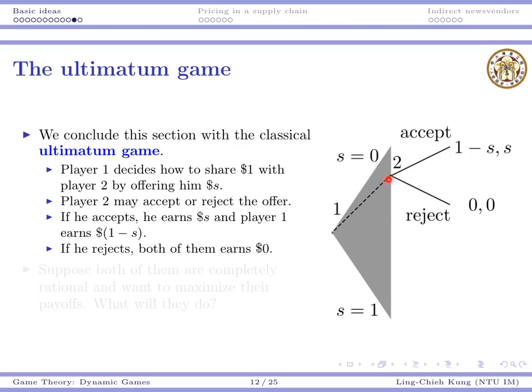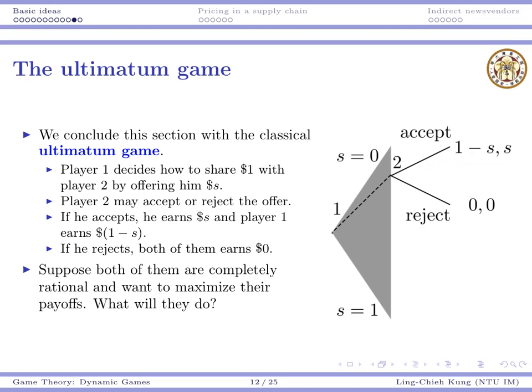Given any choice of S, player 2 will choose accept or reject. If player 2 rejects, none of them gets anything. If player 2 accepts, player 1 gets 1 minus S and player 2 gets S. That's the game. So let's think about it. Both of these two players are completely rational and act to maximize their expected payoffs. What will they do?